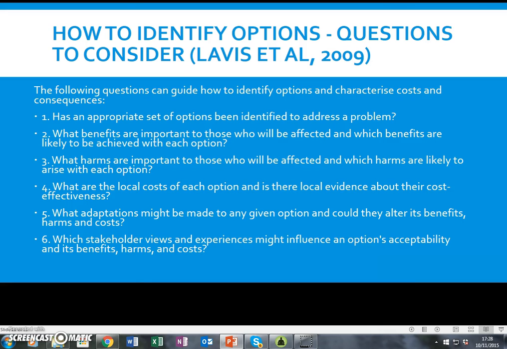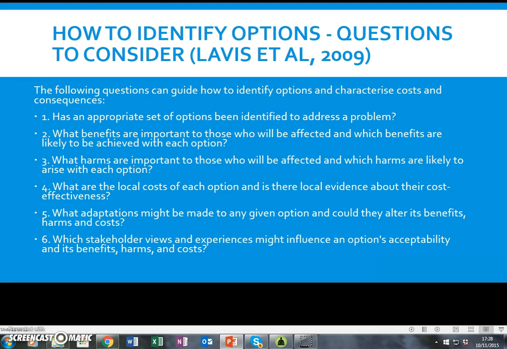And the same article by Lavis et al. helps us to consider how we identify options. The first relates to whether those options are appropriate. The second as to whether they're complete in terms of all the perspectives that need to be brought in.